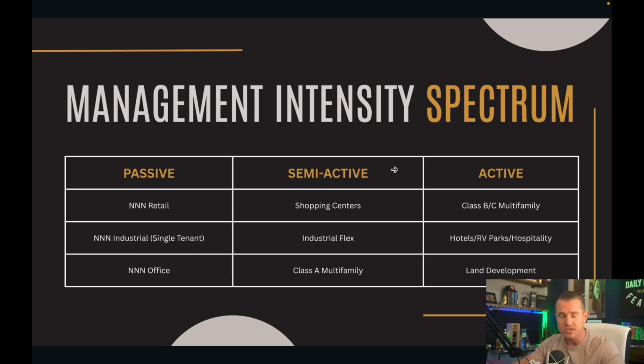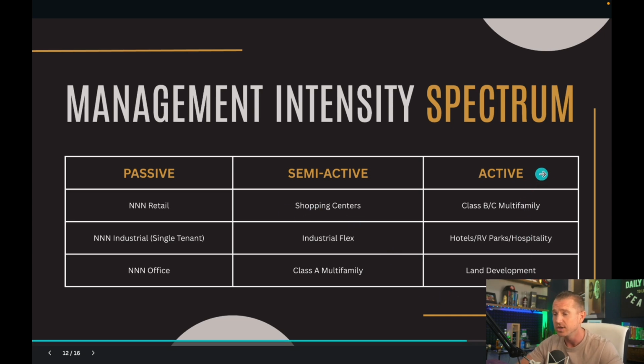Now, semi-active, right? And there's variations to this, some on the high side, some on the low side. You got shopping centers, industrial flex warehouses, Class A multifamily. You can make these relatively passive, but understand that there's still some active requirements and needs to protect the asset, to protect the income, and to protect the value that you are trying to get when investing in commercial real estate.